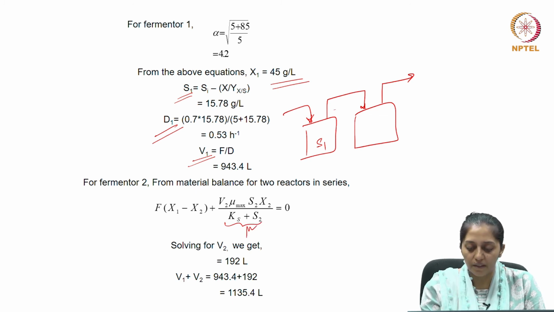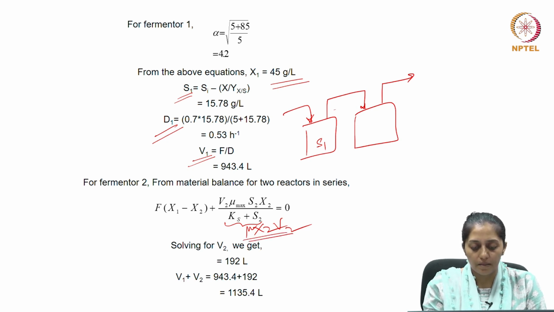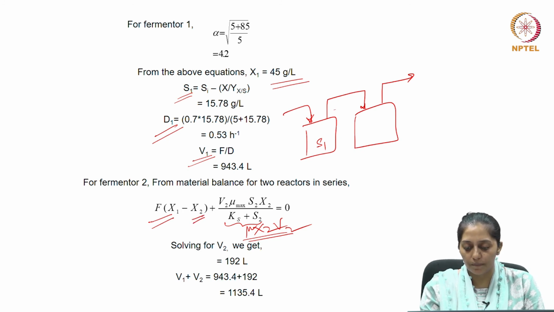This is the rate at which the biomass is getting formed. This is the rate of input and this is the rate of output Fx2. At steady state, no accumulation. So from this balance, we know the rest of the terms, we can calculate the volume V2.